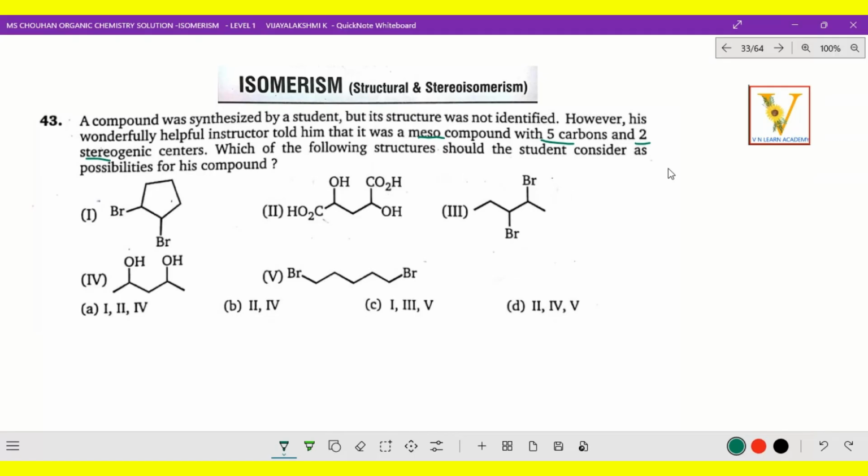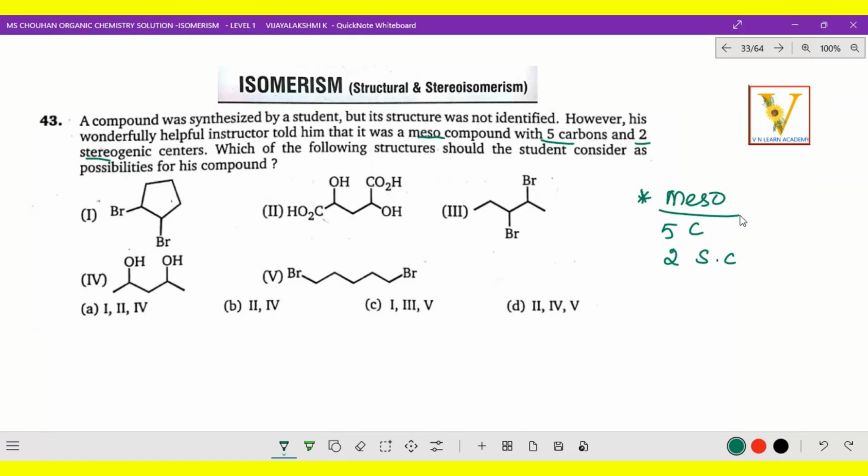So these are the main points to be noted down. Which of the following structures should the student consider as possibilities for the compound? Among these compounds, which is the meso compound with 5 carbons and 2 stereogenic centers?